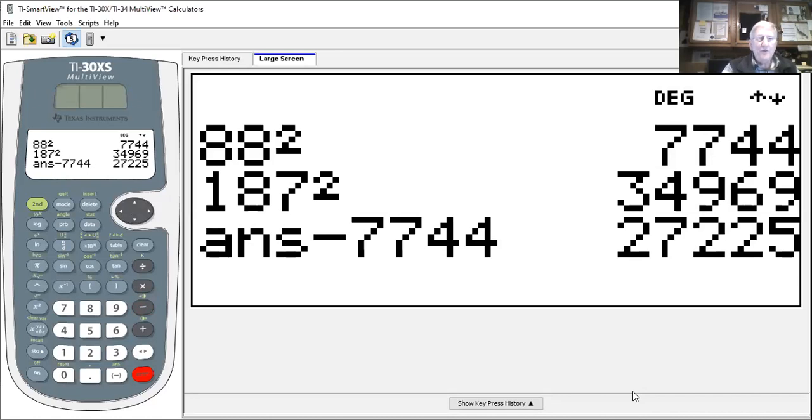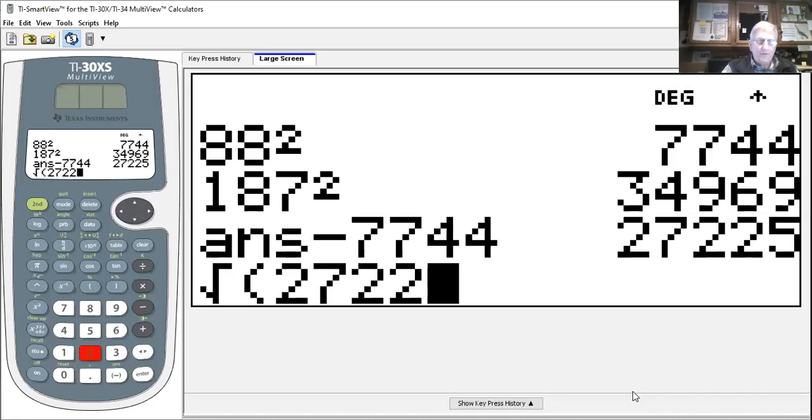And now what I have to do is get the square root of that. So if I do second and I hit x squared, which will give me the square root, and I enter 27,225, you can see that I obtain 165. Wow, it came out even.